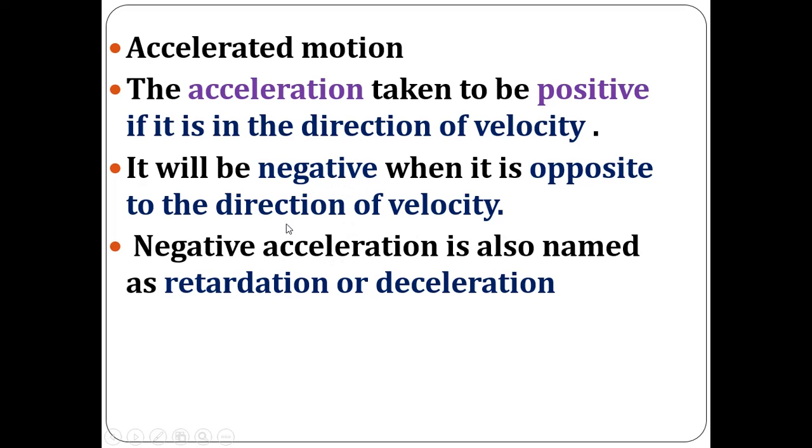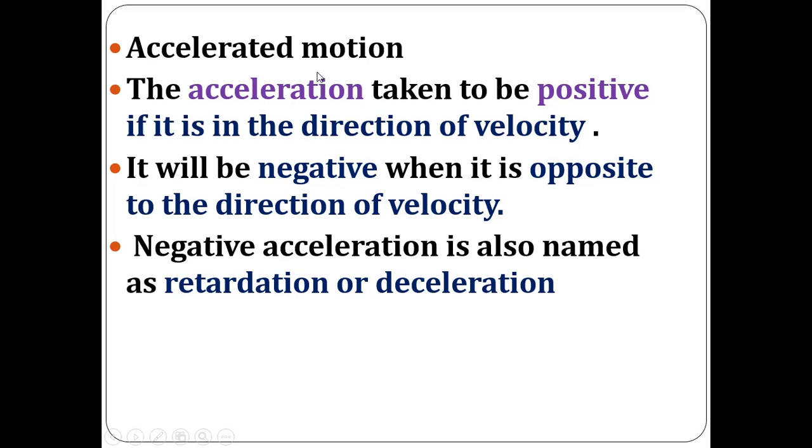So negative acceleration is also named as retardation or deceleration. That means reducing the speed of the body. So negative acceleration, which is opposite to the direction of velocity, is called retardation or deceleration.